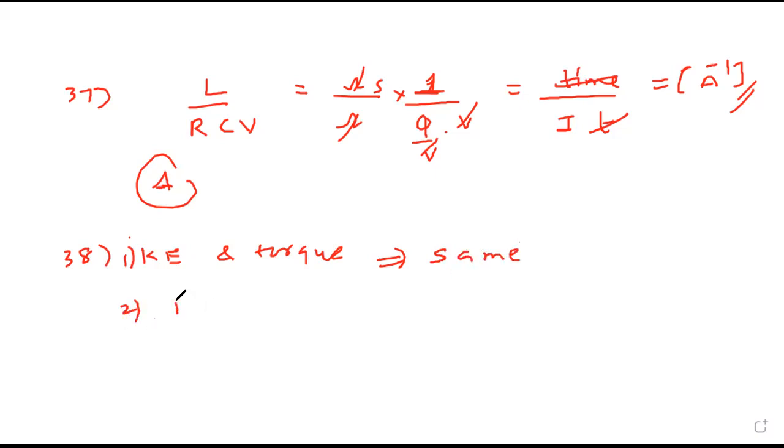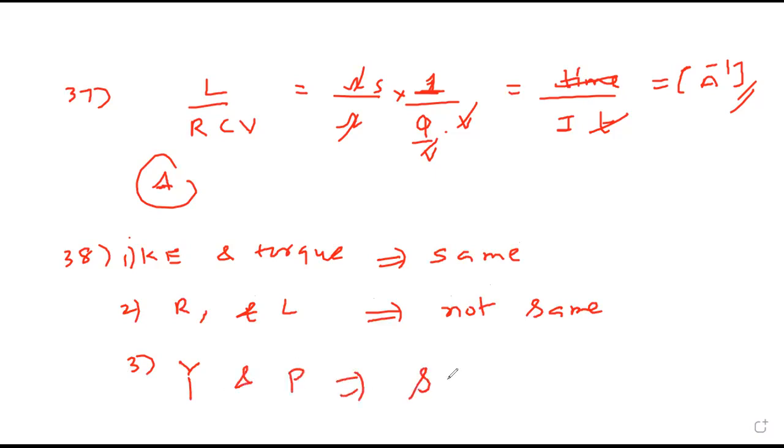Yes, sir. Then resistance R and L, they are definitely not the same, because one is ohm and the other is ohm second. Third, Young's modulus and pressure. Young's modulus is denoted by Y and pressure P, both are the same because any modulus is like pressure only. What is the answer? Option C, 1 and 3. 1 and 3 only.